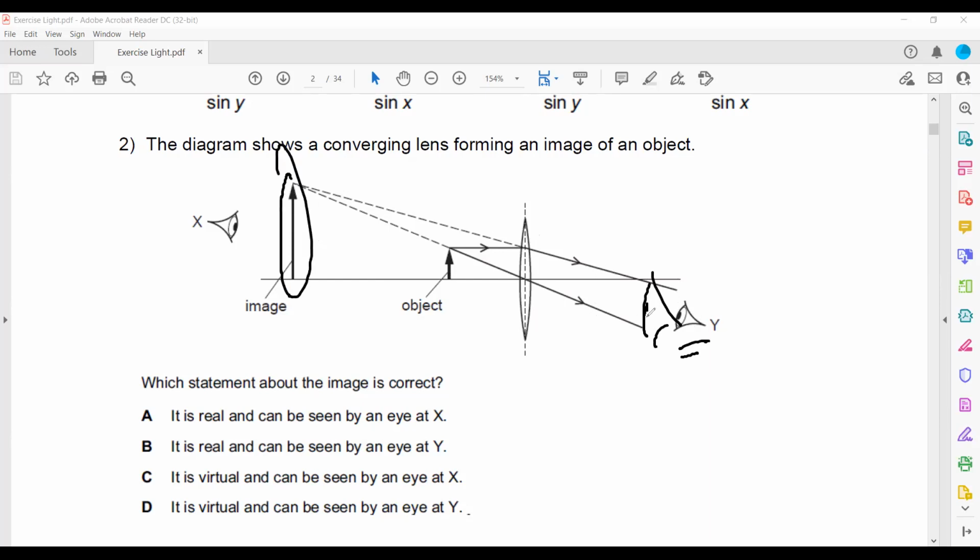So this is an imaginary image which is produced by Y. For example, if I imagine anything, you are not able to see my imagination. So X cannot see this imaginary image or virtual image. It is only the imagination of Y. So it is a virtual image and it can be seen by Y, because this is the imagination of Y, not X. Is it clear?